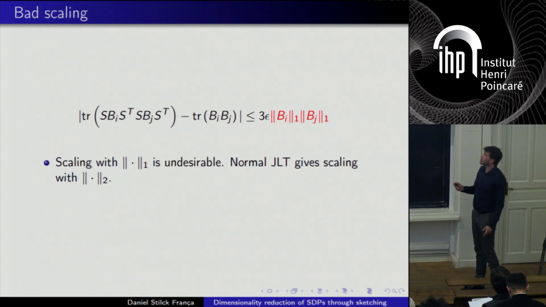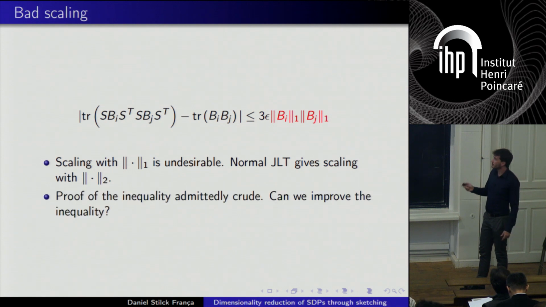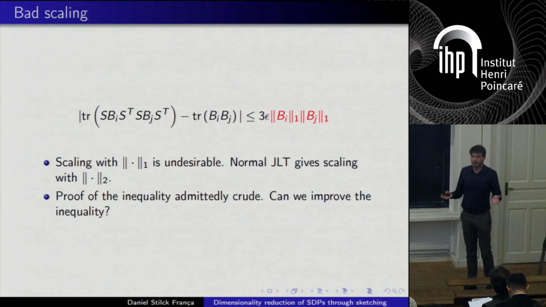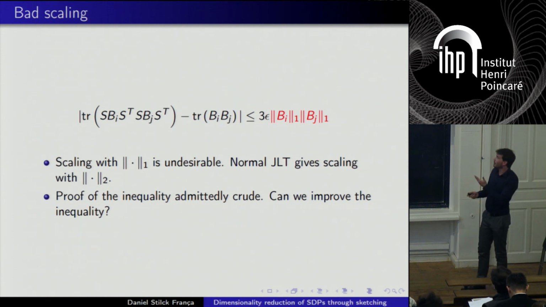So it would be much more desirable to have a 2 here, which is what you would get with the normal Johnson-Lindenstrauss. And as I said, I just used the triangle inequality and Cauchy-Schwarz. Maybe if one used fancier techniques, something you learned after the first semester, one could get a better bound here.